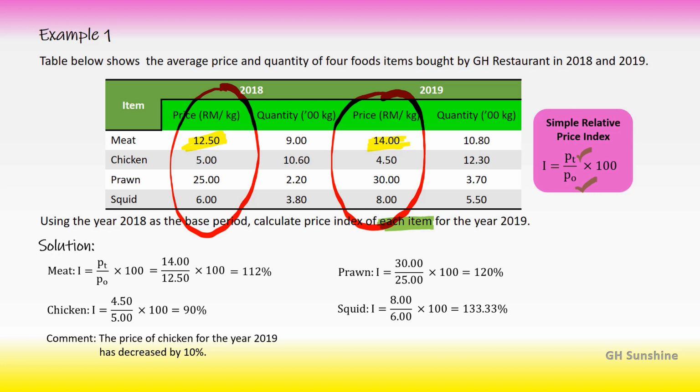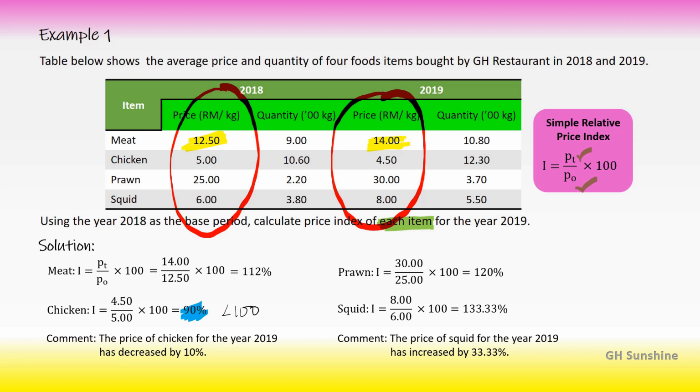So chicken, look at the value obtained. So this one is 90%, which is less than 100. So less than 100 means the price of chicken for the year 2019 has decreased by 10%. 10% means 100 minus 90. Okay then, let's say you need to comment on the price index of squid.